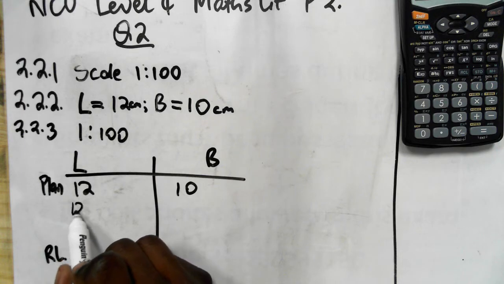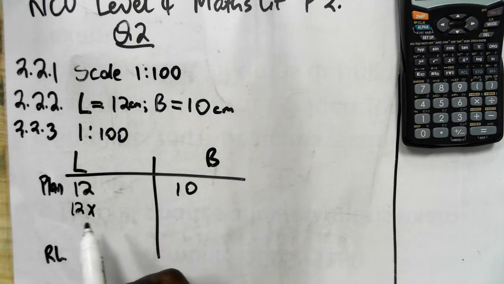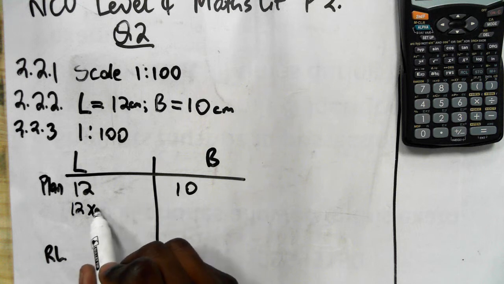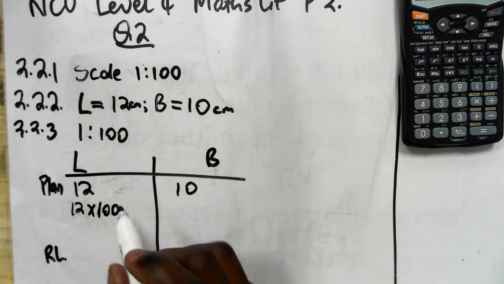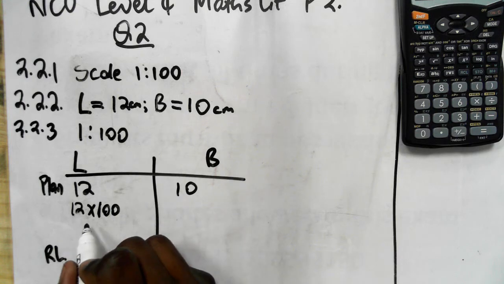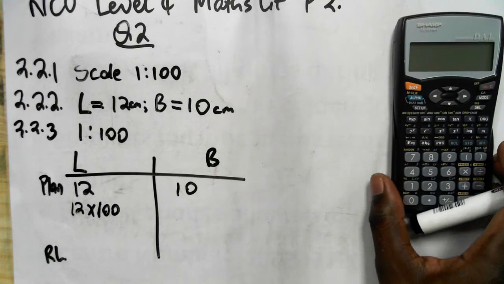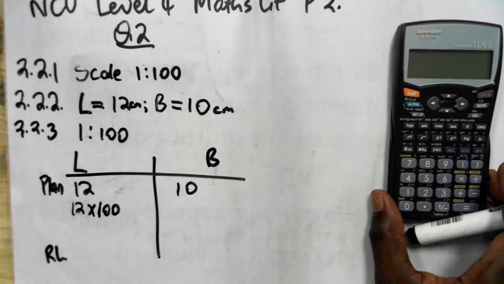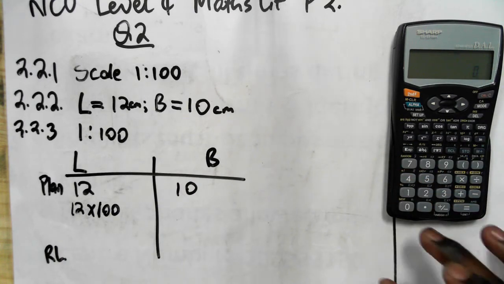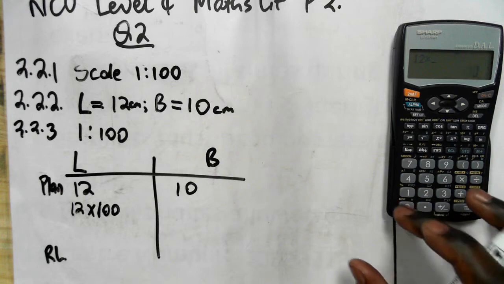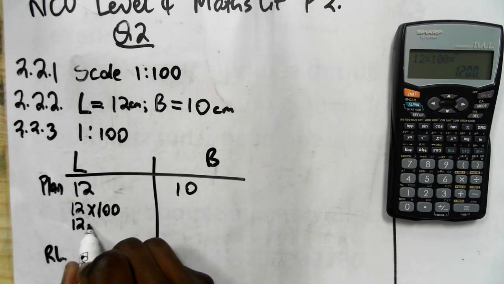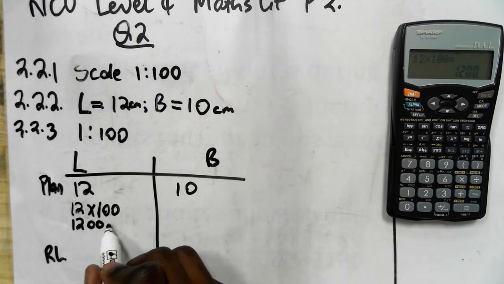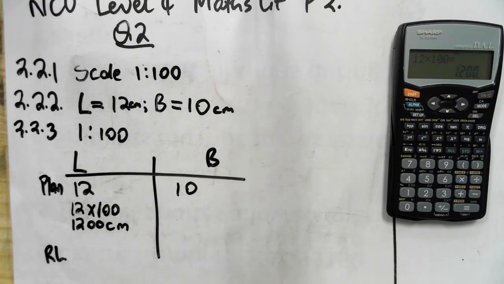So 12 times, you're going to real life, 100. The unit in real life will give you, let's just check quickly on our calculator. 12 times 100 will give you 1,200 centimeters.